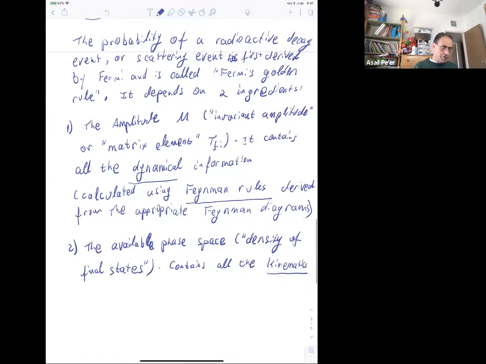The masses, energies, momenta of the outgoing particles. Well, of all the particles, incoming as well.